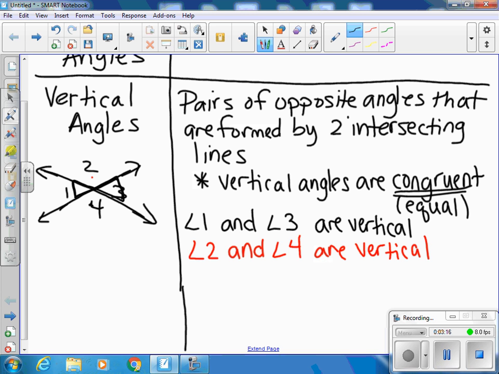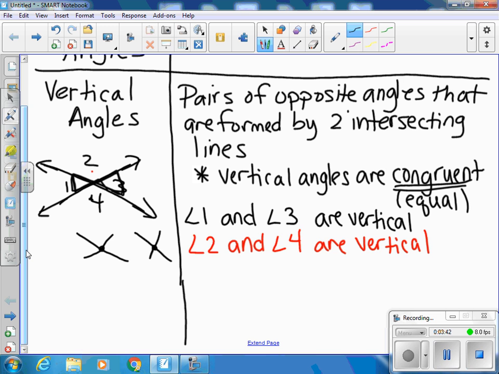So the vertical angles are your bow tie angles. Or you can think about it as a V turned sideways, touching another V. The only thing the vertical angles are going to have in common is that point where they touch right in the middle. The only place they share is that vertex right in the middle. That's what helps you identify them as vertical.